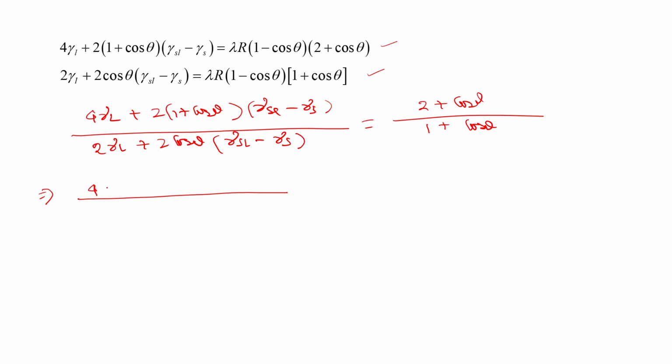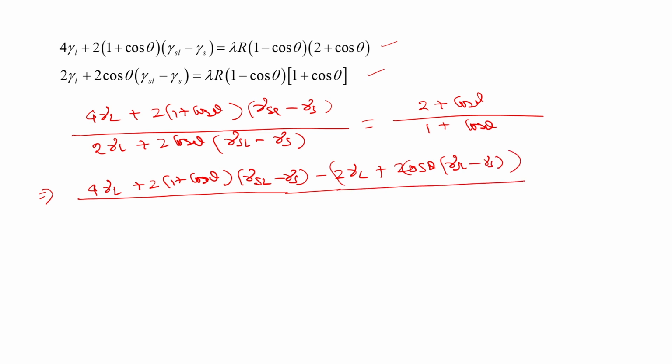So, it will be 4 gamma L plus 2 into (1 plus cos theta) into (gamma SL minus gamma S), and minus I will write 2 gamma L plus 2 cos theta into (gamma SL minus gamma S), divided by 2 gamma L plus 2 cos theta into (gamma SL minus gamma S).